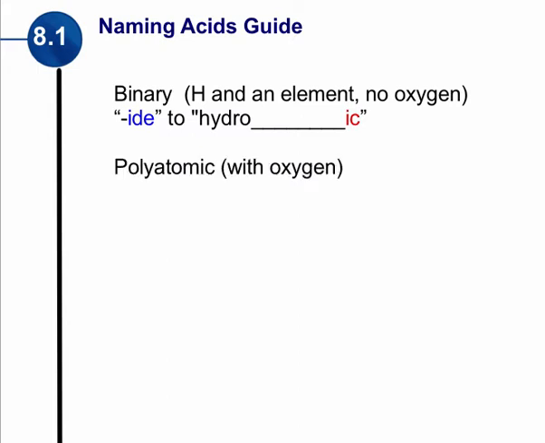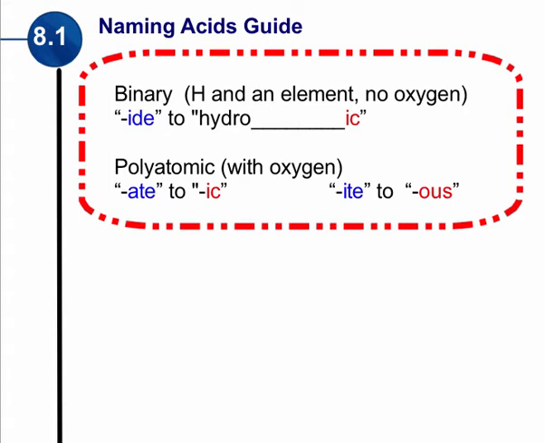If we have a polyatomic, and again, you can think of it on your list of polyatomic ions, or think of it with just oxygen, an ate becomes an ic, and an ite becomes an ous. These are the key to naming acids. So make a note, highlight that, circle that. We're going to use these as our examples, and we're going to do a series of examples on naming acids.